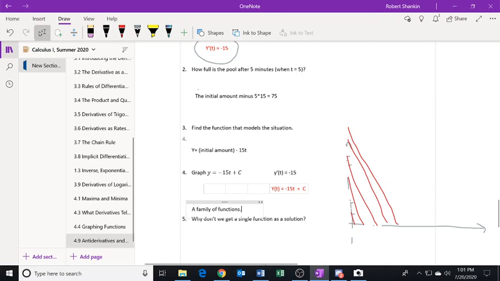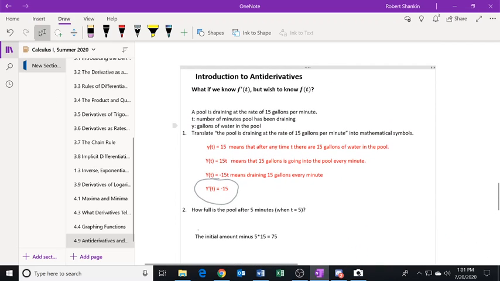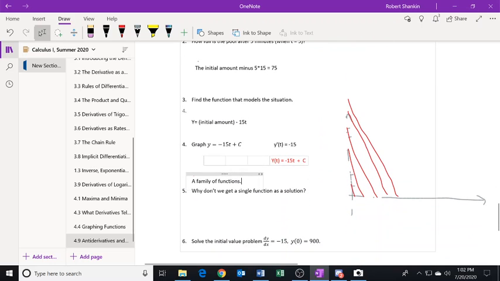When you do an antiderivative, this is one of the big lessons: antiderivatives in general, you're not going to get a single solution. You're going to get a family of solutions, which is an infinite number of solutions, because there's going to be an arbitrary constant that we don't know what it is.